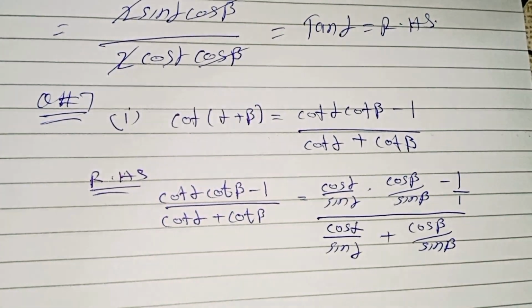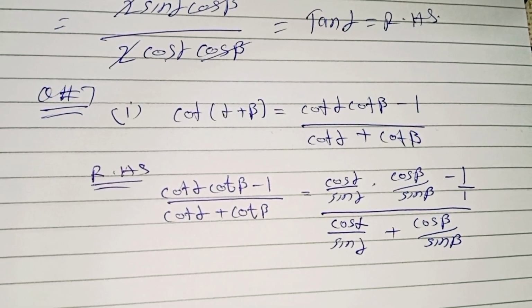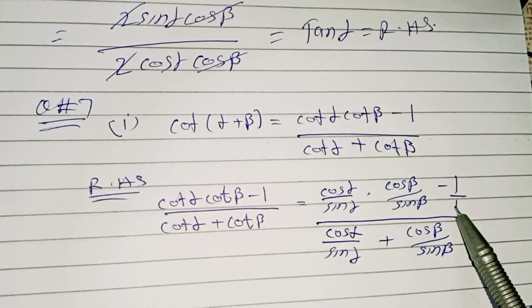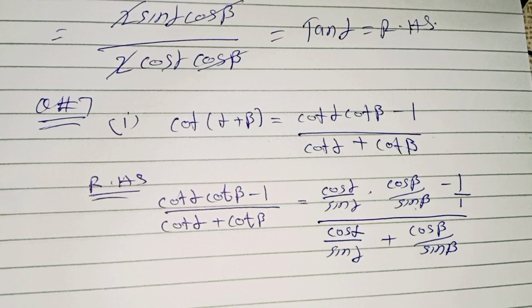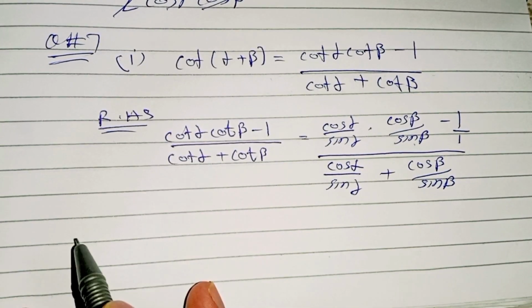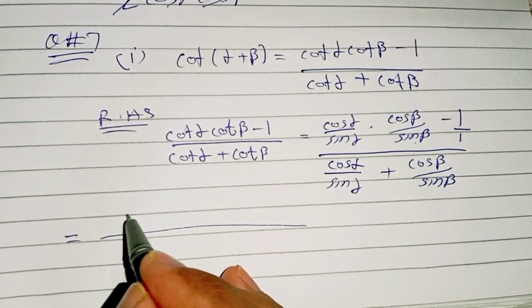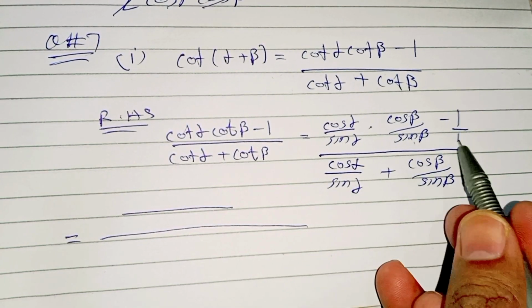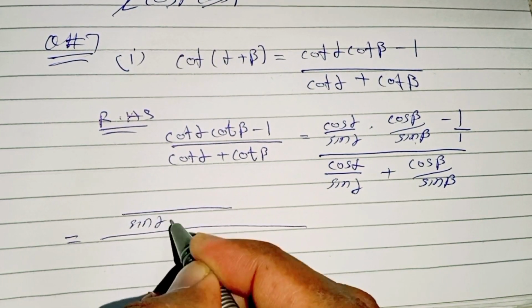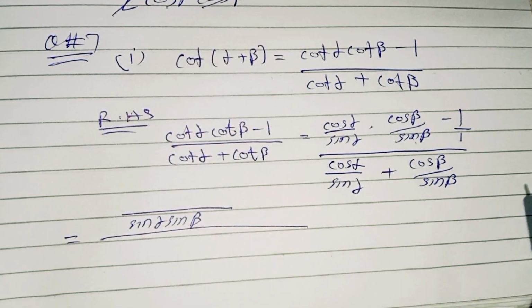The denominator of 1 in the numerator is 1, and the LCM of 1, sin beta and sin alpha is sin alpha sin beta.